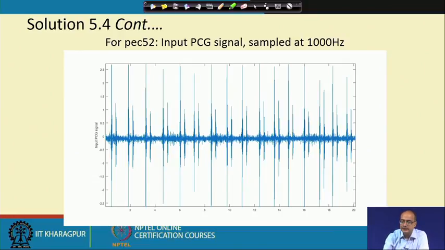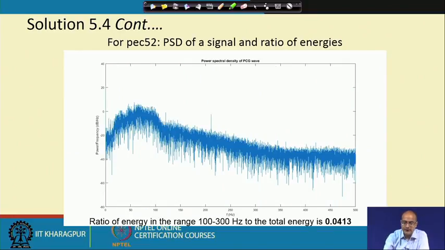and the corresponding PSD we get here. Again the nature is the same, in the sense that most of the energy is concentrated below 100 hertz, and when we look at the energy between 100 and 300 hertz, the ratio with respect to the total energy is pretty small.